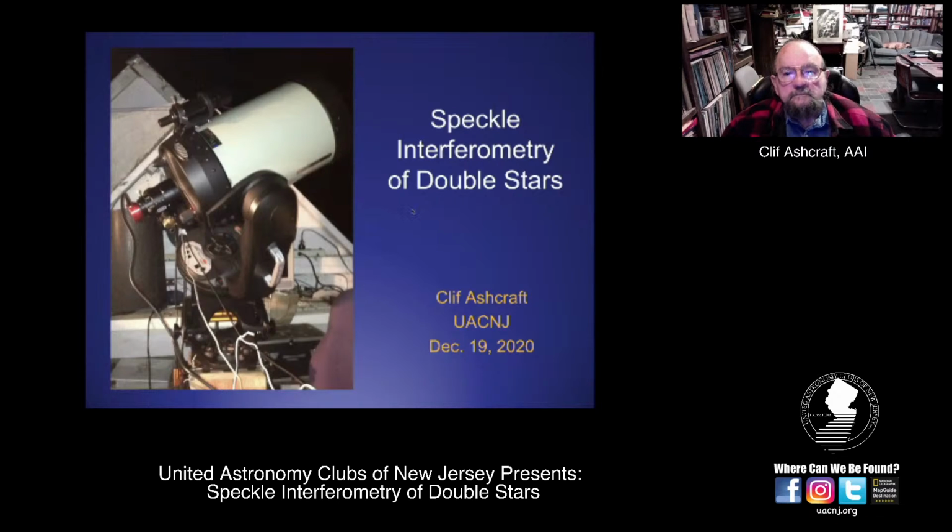Our topic tonight is Speckle Interferometry, and I'm sorry if I'm butchering that pronunciation. It is a technique for measuring the separation and position angles of very close double stars, even under poor seeing conditions.